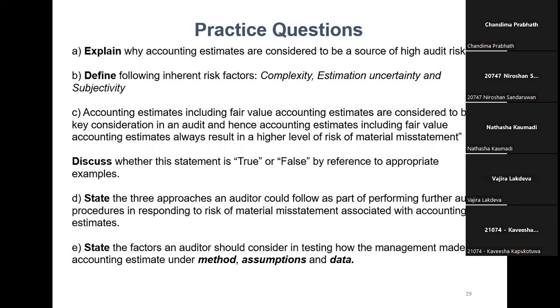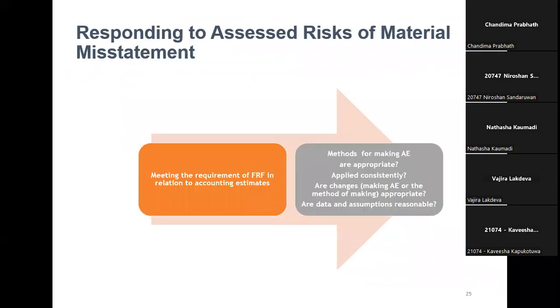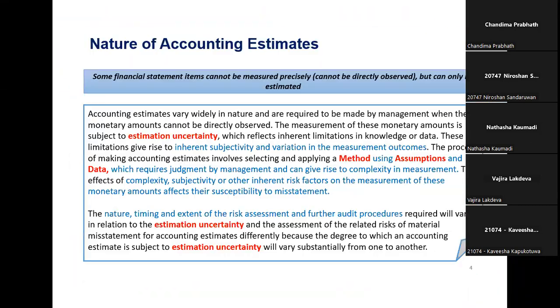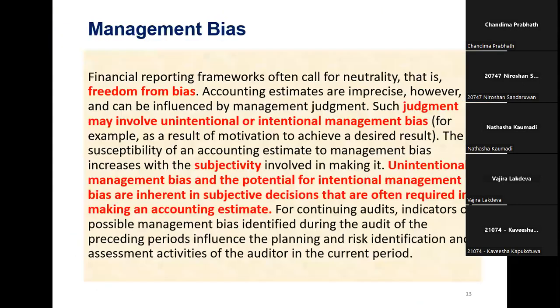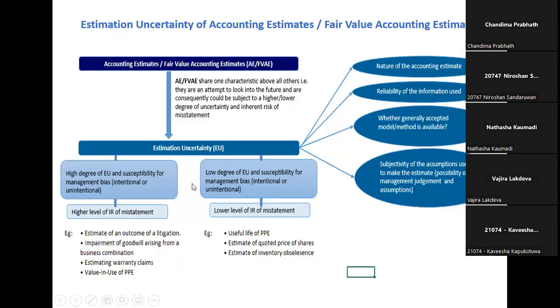Now I will show you some of the accounting estimates. A higher level of estimate applies to the outcome of litigation, impairment assessment of goodwill or non-current assets, value in use, estimating warranty claims, useful life of PPE, estimate of quoted price of shares, estimate of obsolescence, and even share-based payment if it is for a listed entity.